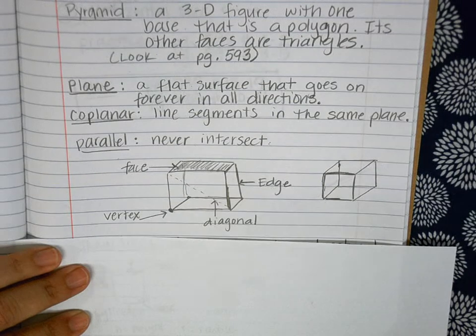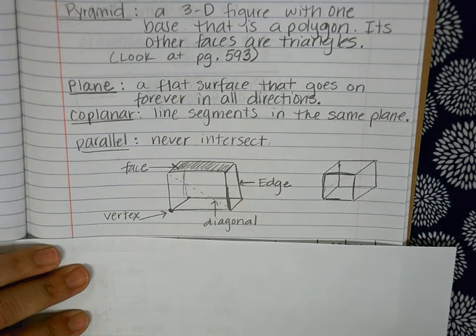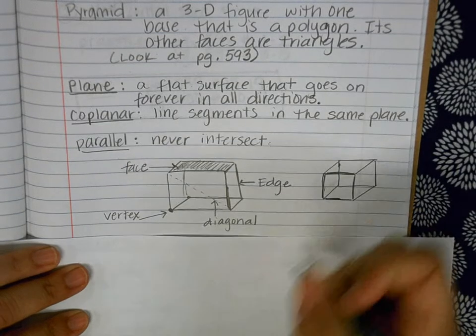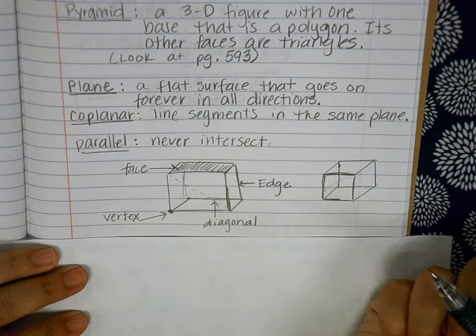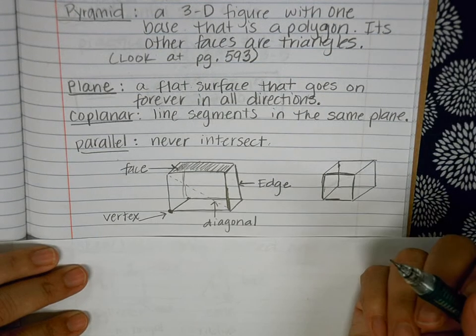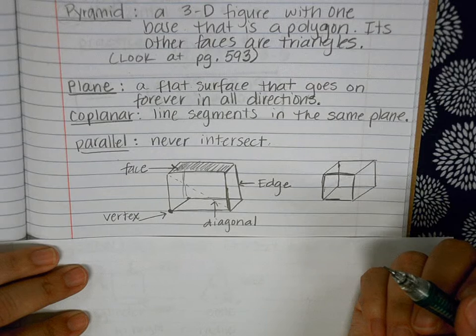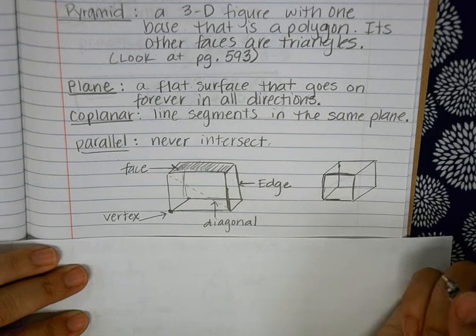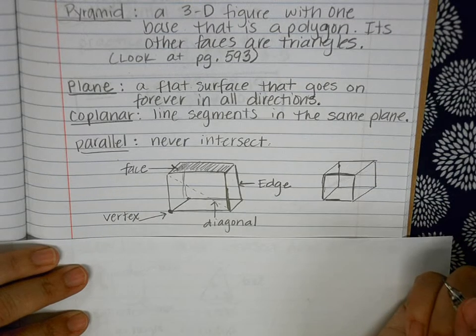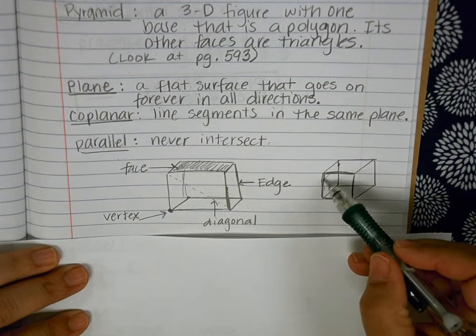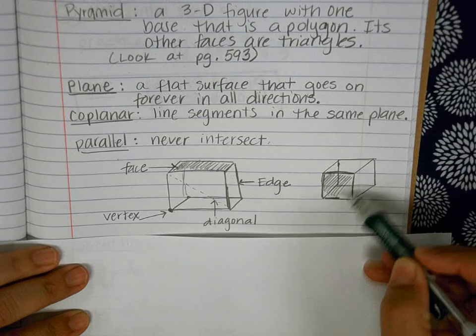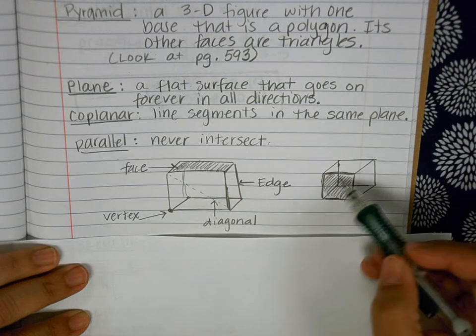If you look above you, the straws would be the edges in those kites, and all the little corners where they're tied together would be the vertices, vertex. And I think you already know what a diagonal is. Yeah, the papers are the faces. So a cube has 6 faces. So does a rectangular prism, right?